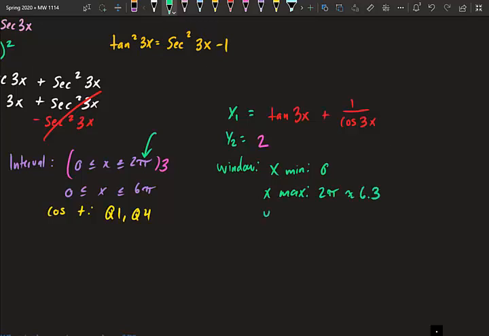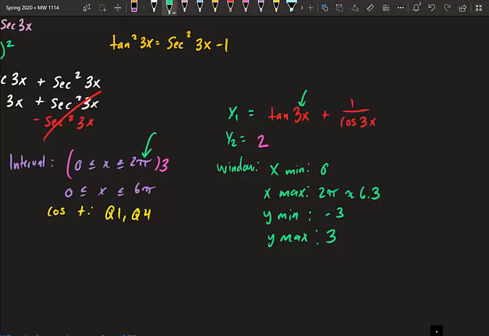Then we have our y minimum, which is -3, and our y maximum, which is 3, because of that 3 right there. That's the only reason why. And then we do the second trace 5. I'm not going to write down those steps because they're in 6.2, but there's your window and everything.